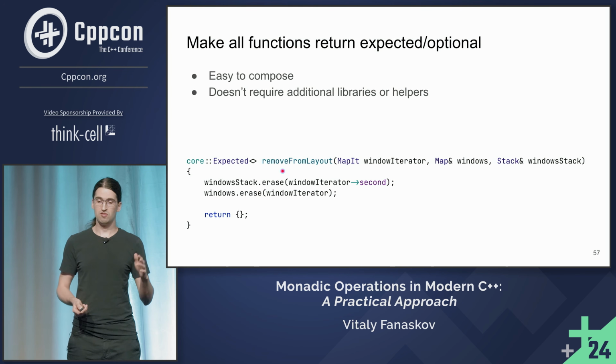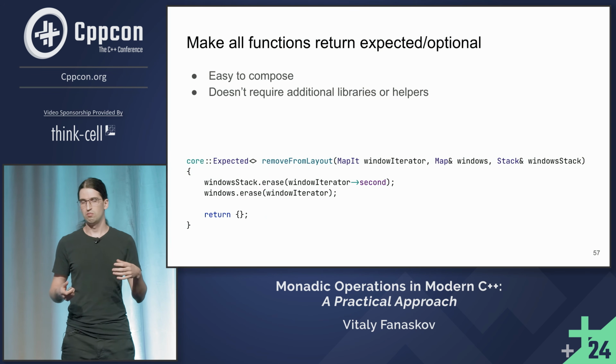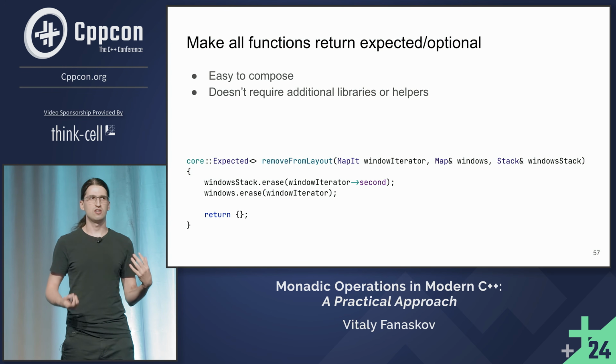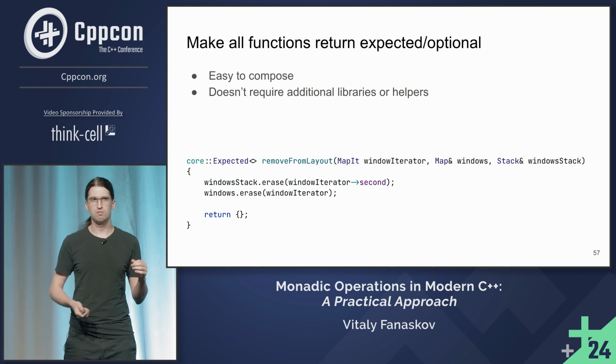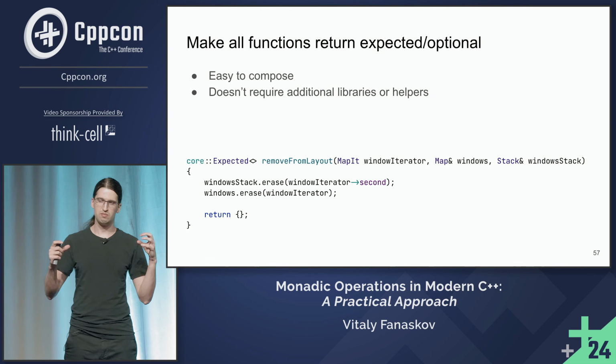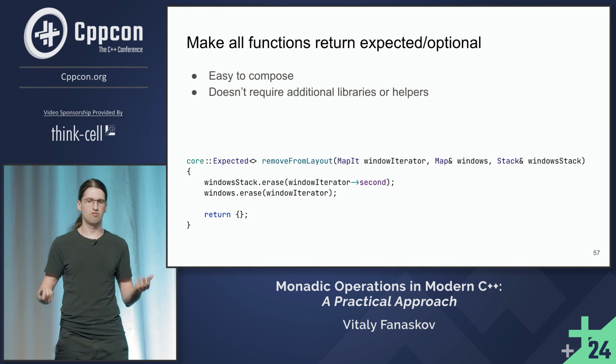Even if this function fails, or nothing is erased, we don't care, but we still return expected and return a default constructed value. It's basically void. Why do we do that? Because it would be easy to change from the beginning. And the standard has no support for something like pure or some other concepts unless we use a third-party library. So it's very handy, and I would suggest going for this redundancy for the sake of better code readability and to make these things easy.